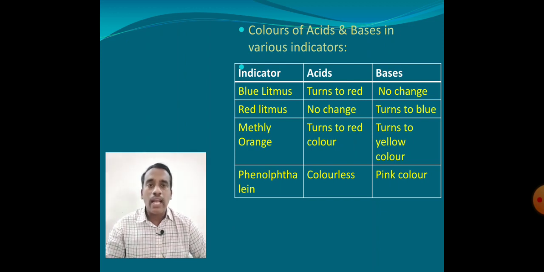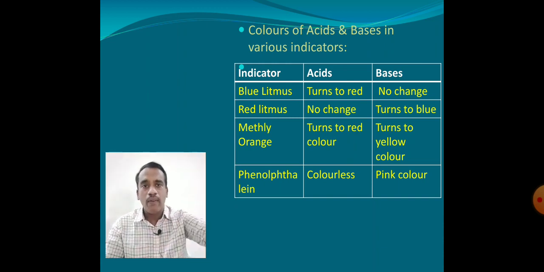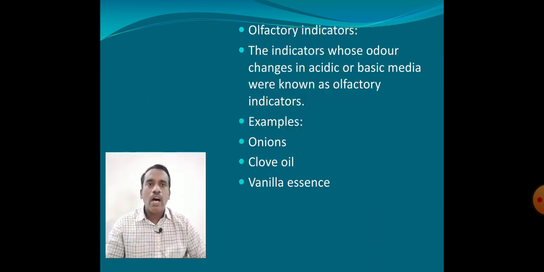Yes, such kind of indicators are available in and around our home and in our surroundings. These indicators that indicate the presence of an acid or base with their smell, we are going to call them the olfactory indicators.